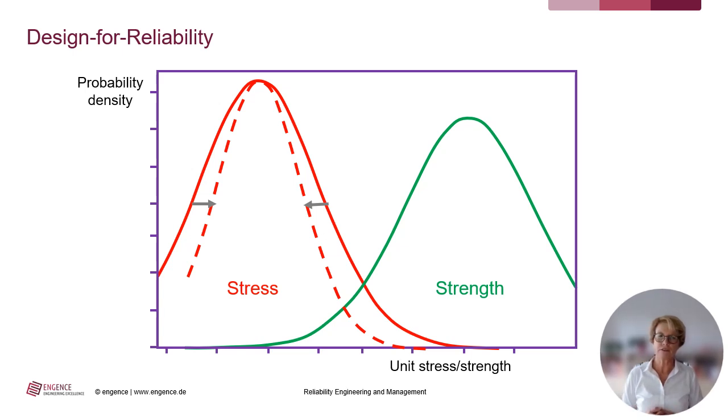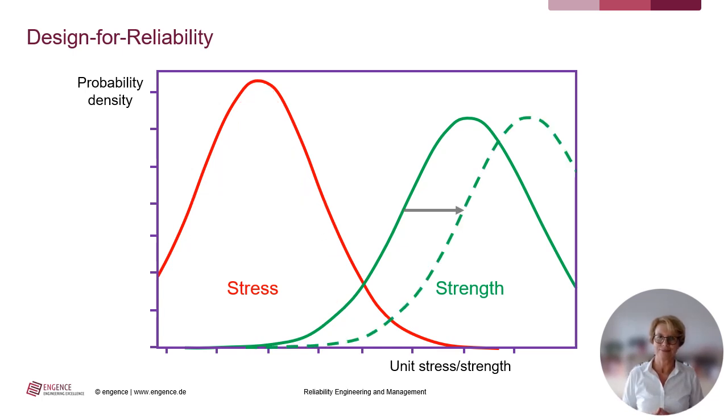Sometimes it's sufficient only to reduce the spread of the loads by limiting tolerance ranges. Another option is on the right side of the distribution functions, the strength. Increase the resistance of the material, increase the mean of the strength by using better material.